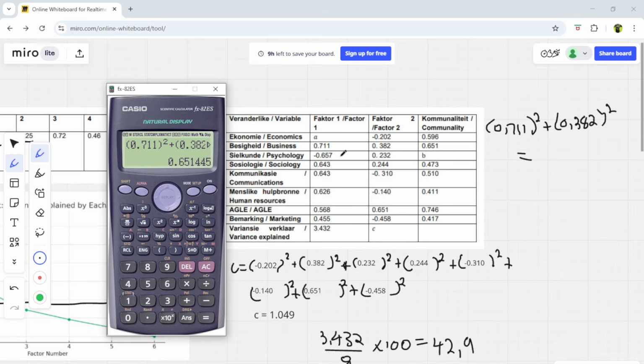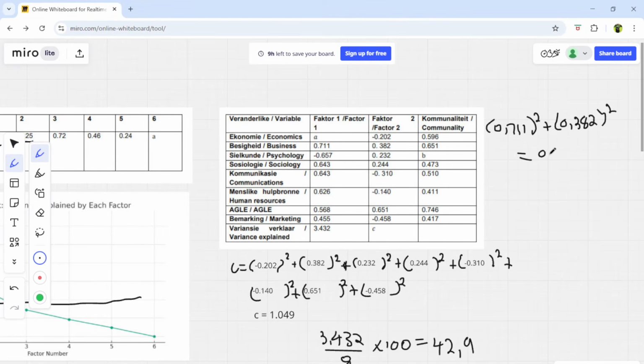So the one for psychology, the value of b here, would be minus 0.657 squared plus 0.232 squared.